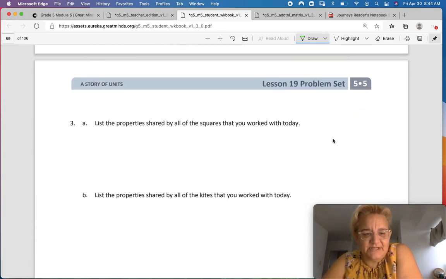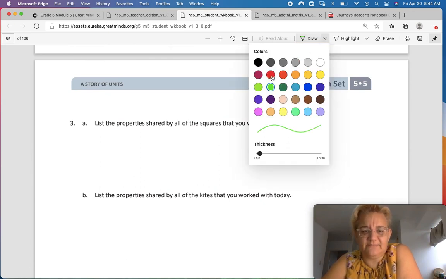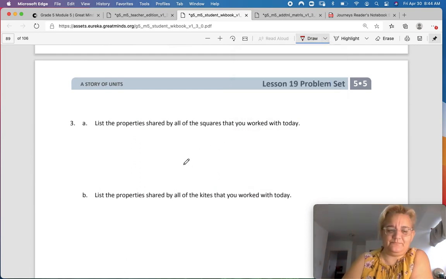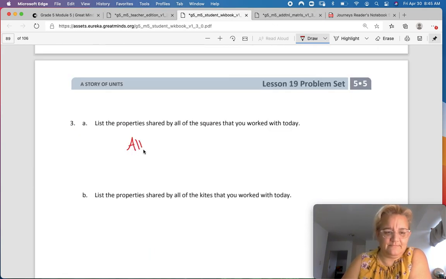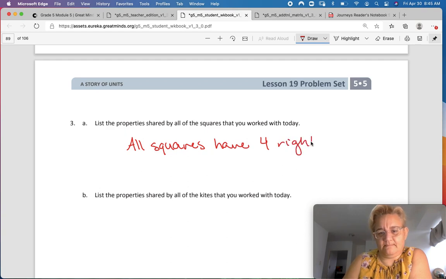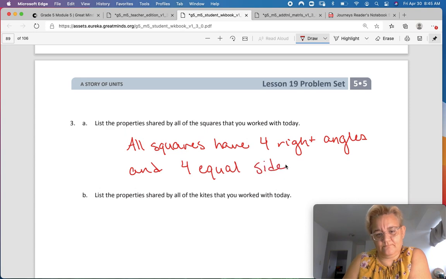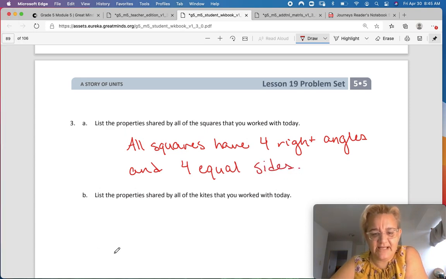And list the properties shared by all of the squares that you worked with today. All of the squares. So, what did we say the properties were? 4 right angles and 4 equal sides. Okay. List the properties shared by all the kites that you worked with today.